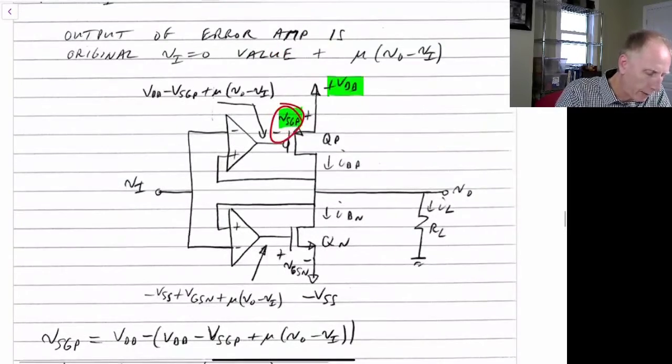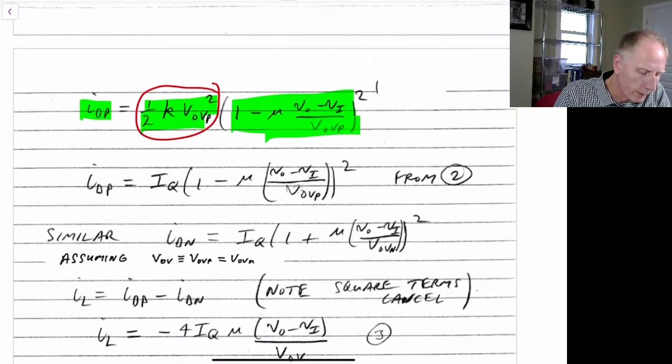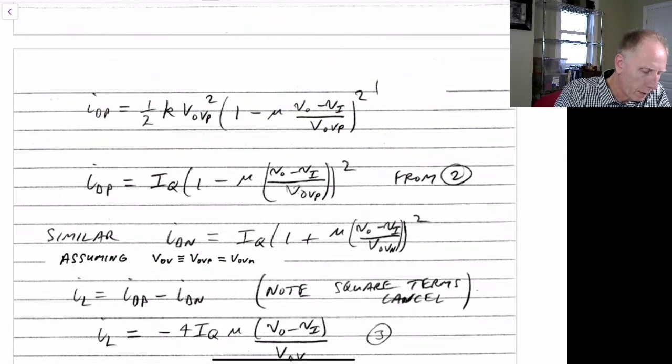So what we have then is that the actual current through the PMOS transistor is the original bias current, which is given by this value here, but times this extra term here, all squared. So it's given by the original bias current times this 1 minus term.